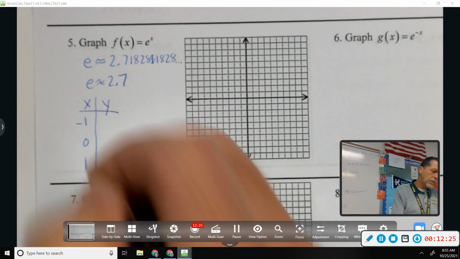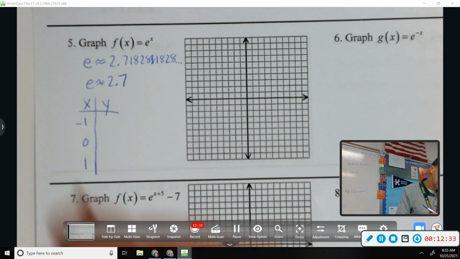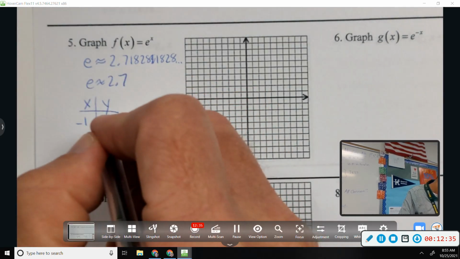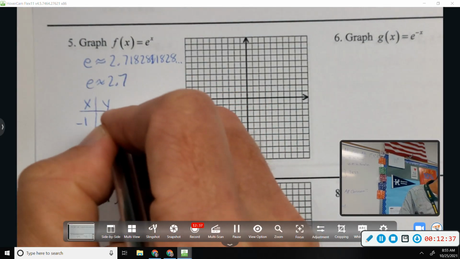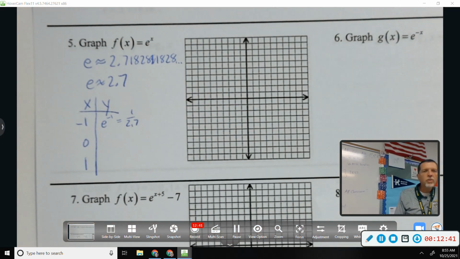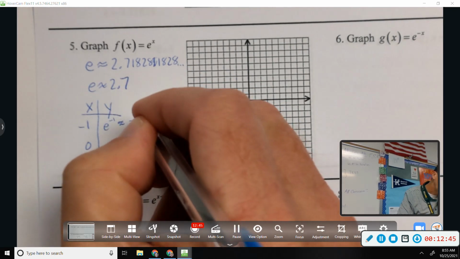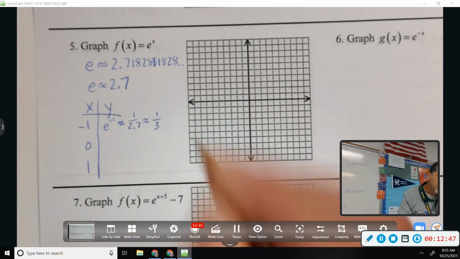So let's do the same thing. Negative 1, 0, and 1. So e to the negative 1 is 1 over 2.7. Actually, that's approximately just 1 over 3.